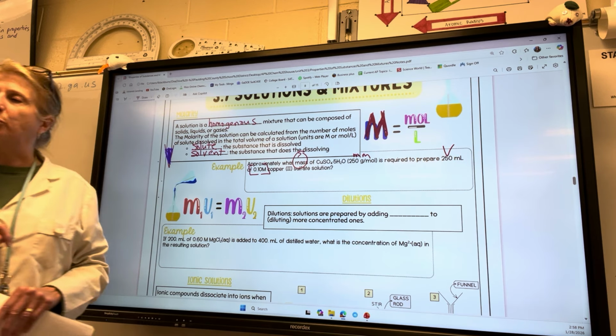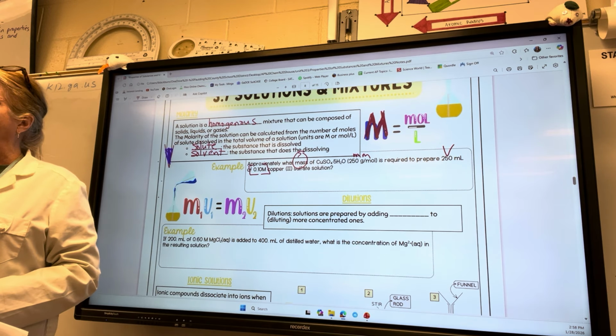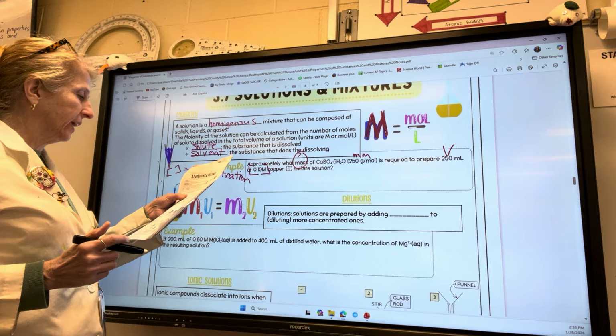Do y'all remember square brackets stand for concentration? Did you learn that? Square brackets equal concentration.